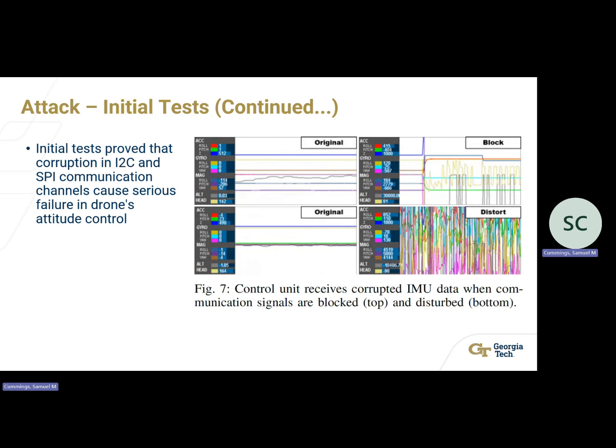It should look like the top left, where no disturbances are there, but again, because of that vulnerability, it looks crazy like the bottom right.